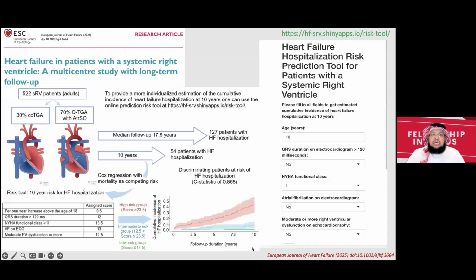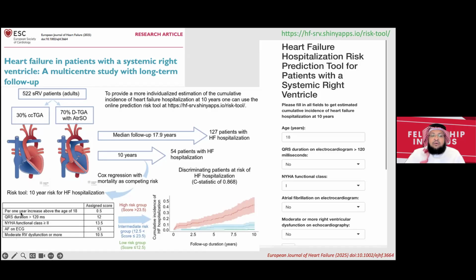This is the most recent study about heart failure in patients with systemic right ventricle. This is a multi-center study with more than 500 patients, the majority of them with atrial switch operation. They tried to find a score for those patients to identify those at risk of heart failure.